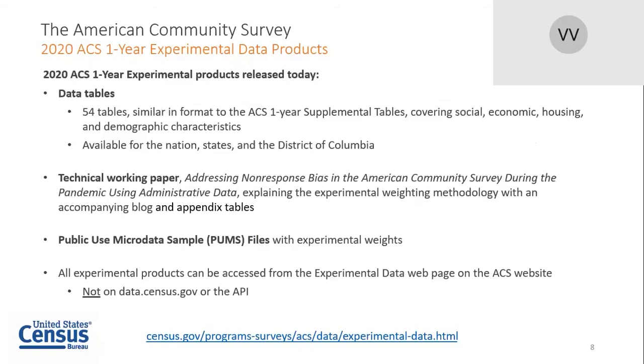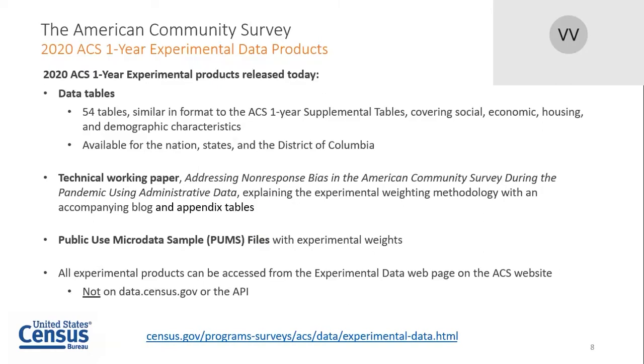The 2020 ACS 1 year experimental release includes 54 tables, similar in format to our ACS 1 year supplemental tables. The tables cover social, economic, housing, and demographic characteristics and are available for the nation, states, and the District of Columbia. The experimental weighting methodology does not apply to Puerto Rico, so there will not be experimental estimates released today for Puerto Rico.